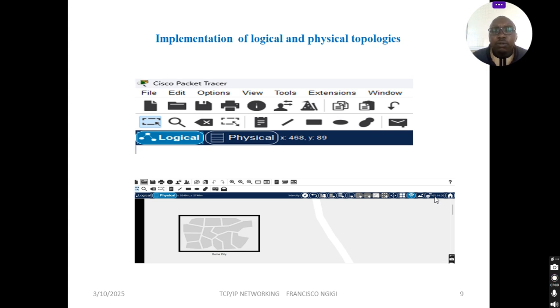Therefore, we have now talked about the different types of multi-point topologies: the star, the bus, the mesh, and they have various advantages. So during your free time, or in our coming lessons, kindly ensure you note down all that is in this presentation.